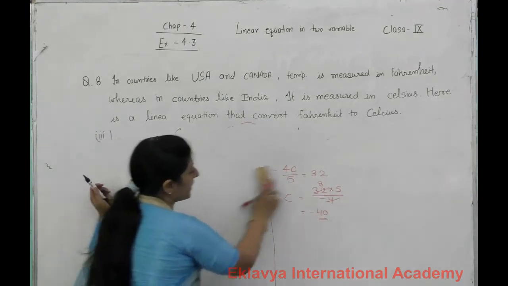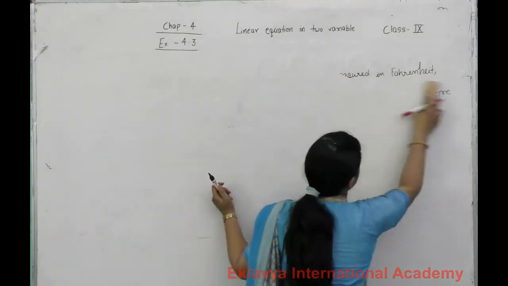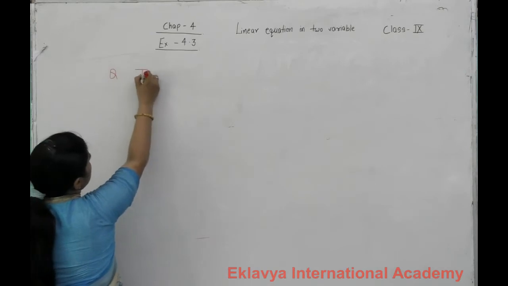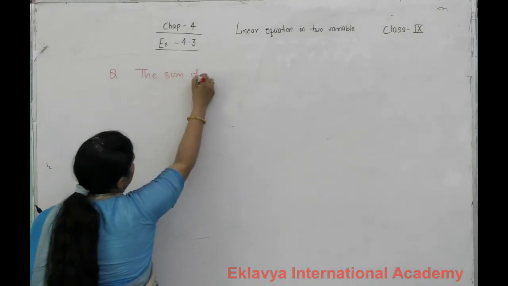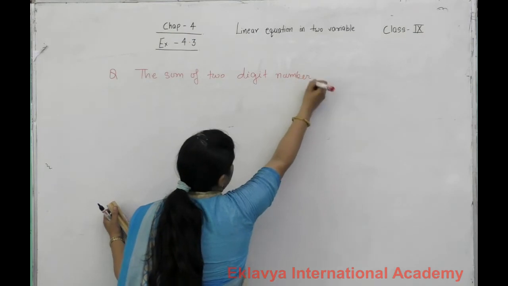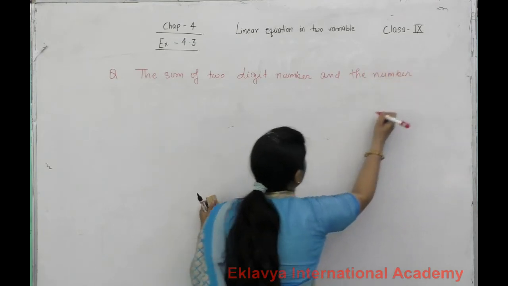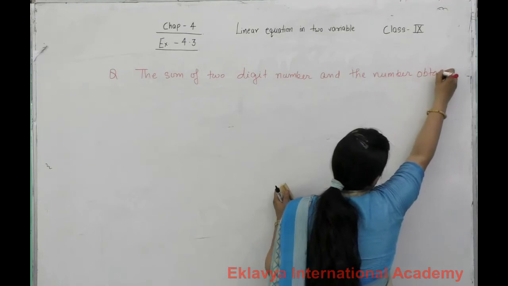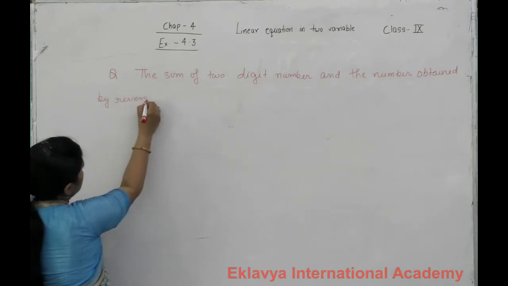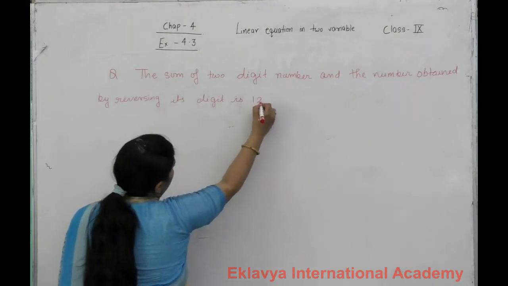Now we take another example. The sum of a two-digit number and the number obtained by reversing its digit is 121.